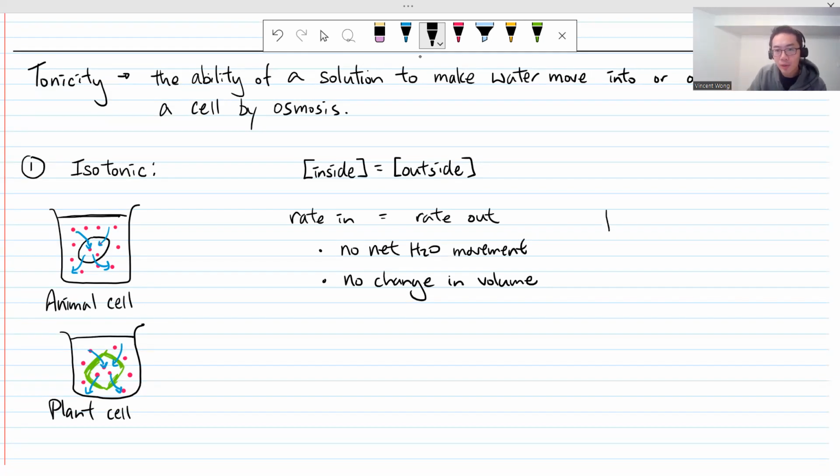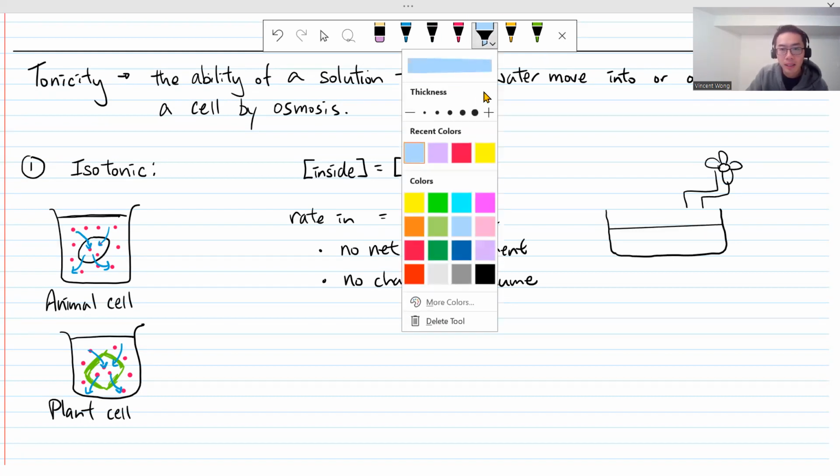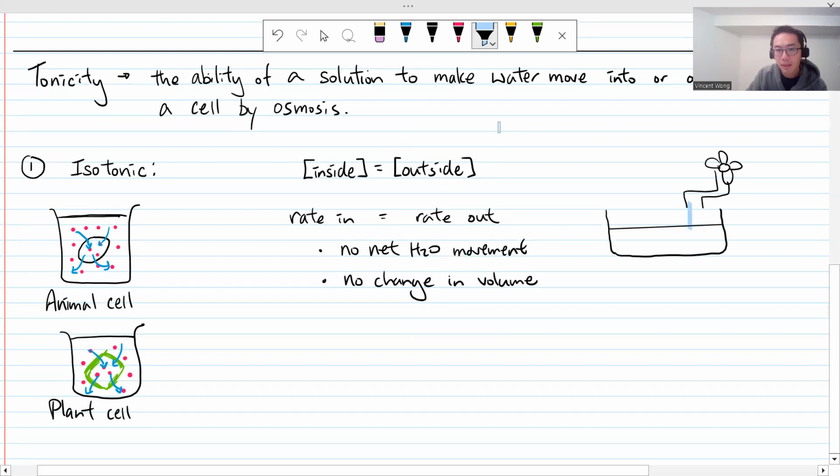People might find it useful to think of this analogy. Let's say I have a basin, a bucket, and I have a tap. I am going to turn on the tap and the water is going to come in. So obviously the water level is going to go up.